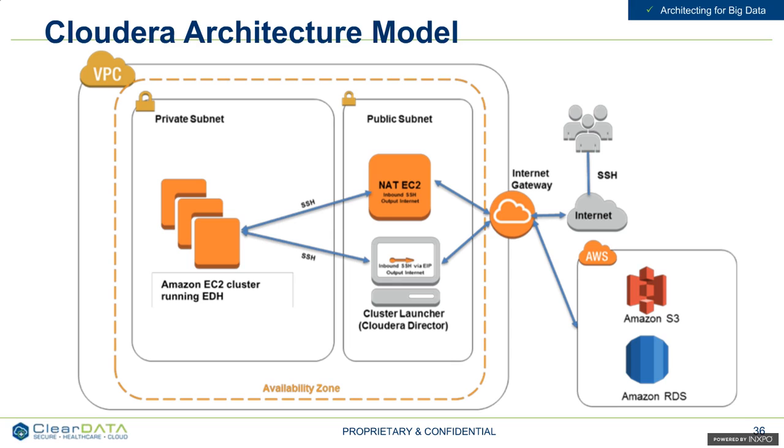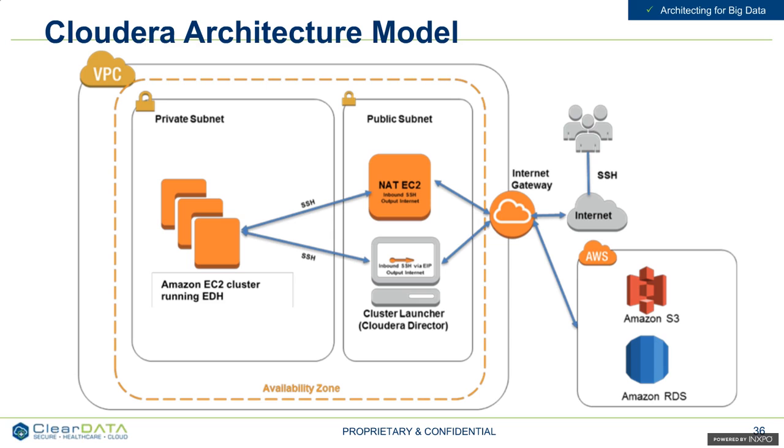They have elastic IPs assigned to the instances, and of course, security groups that allow SSH access to the instance that's created. All other Hadoop-related EC2 instances in this model would be created in the private subnet. And so just another different topology.